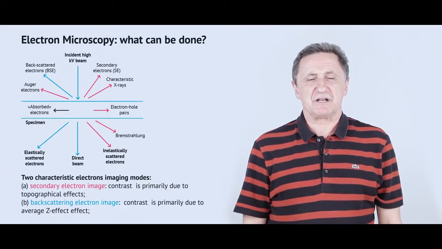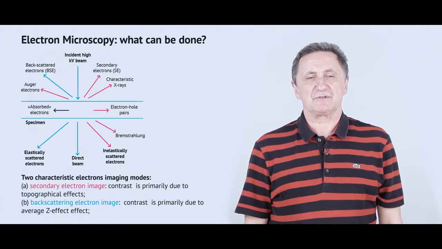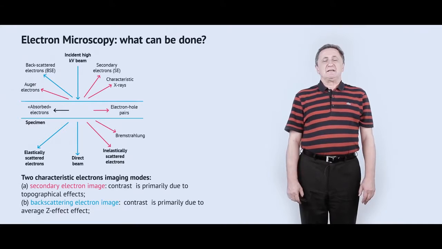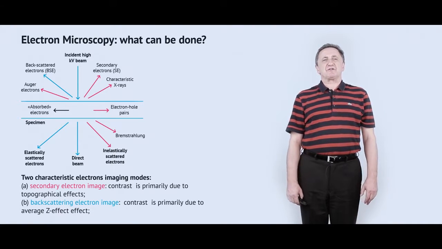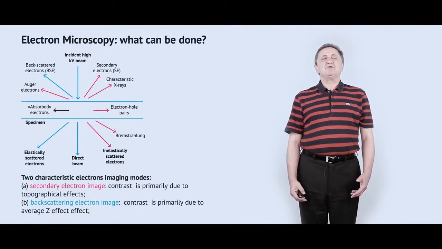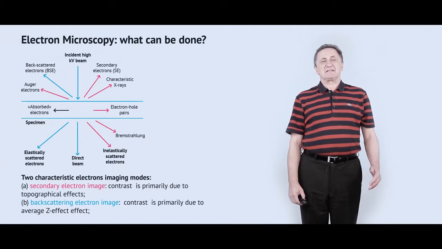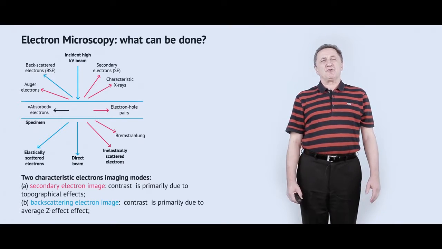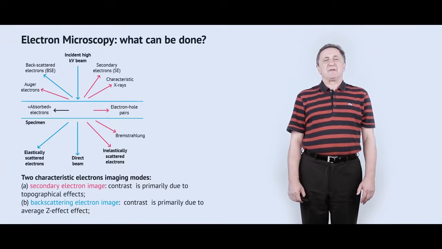We have a special detector which detects these electrons, and we can get an image in the so-called backscattering mode. In addition, as a result of interaction of the initial beam, some new secondary electrons can be formed, and we have a special detector which detects these secondary electrons, the so-called secondary electron mode or image.